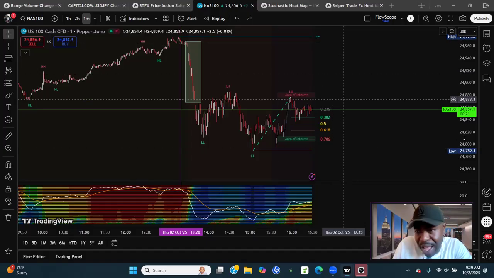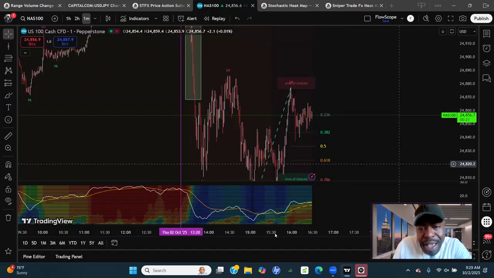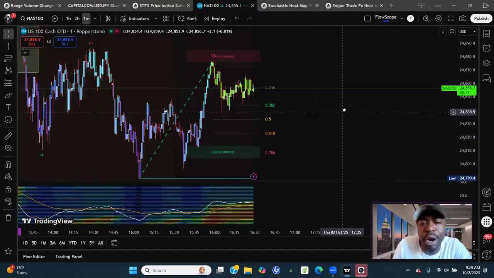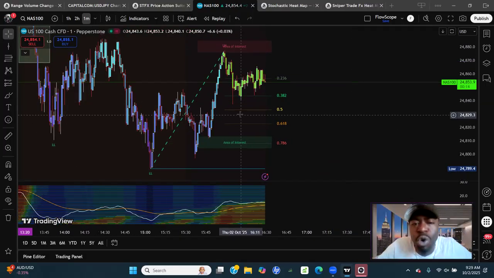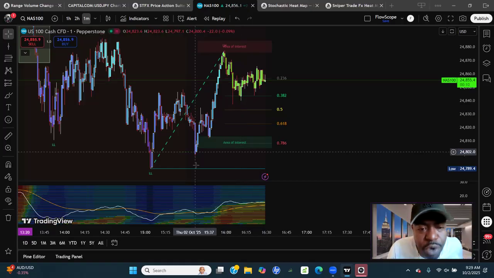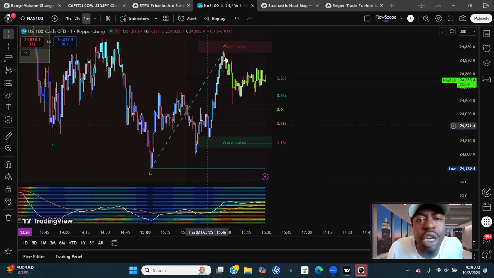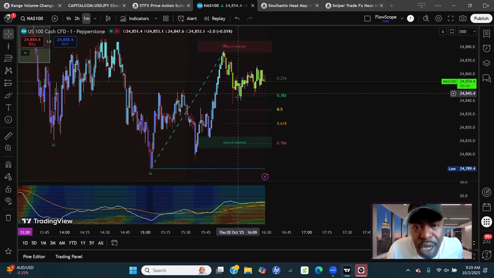So because of that, we understand that whenever you have, this is a rule of thumb, I don't care what strategy you use. The next thing I'm about to say is a rule of thumb. It doesn't matter what you trade. Whenever you get a strong impulse to one side, you're always going to get a pullback, a 50% retracement.